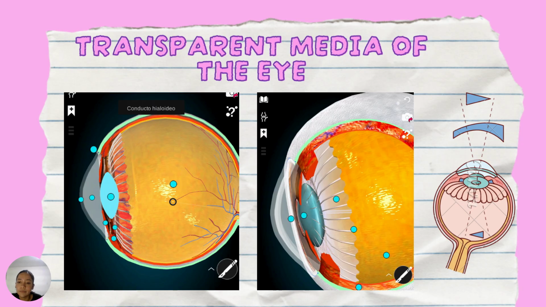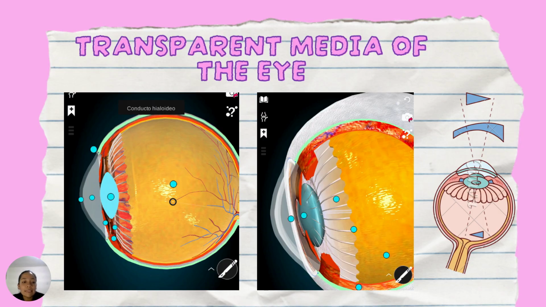The aqueous humor also allows protection of the eye, nourishes the cornea and the lens, and maintains the intraocular pressure.